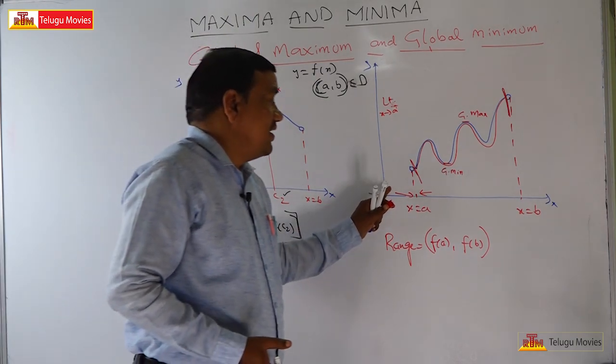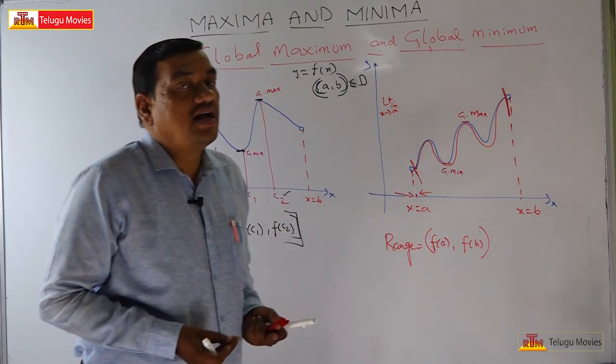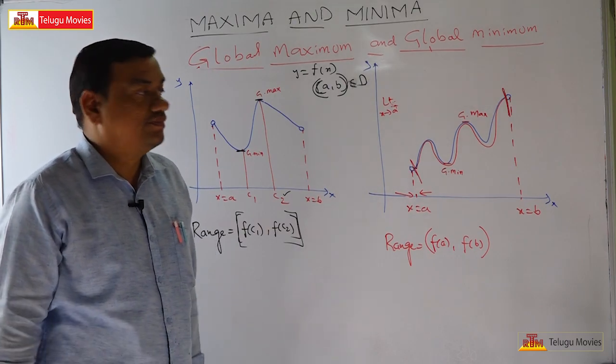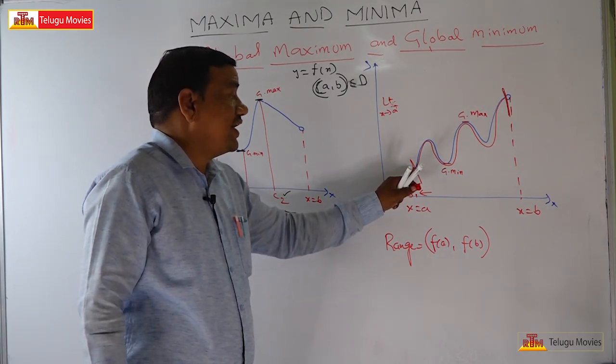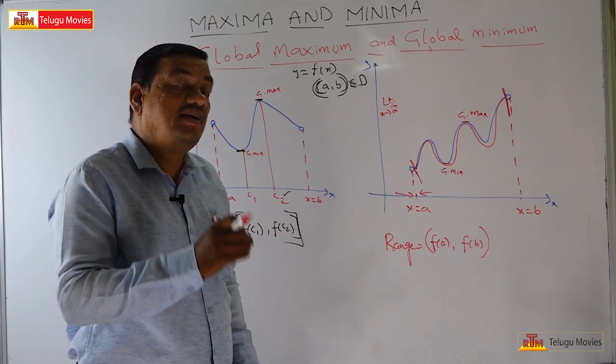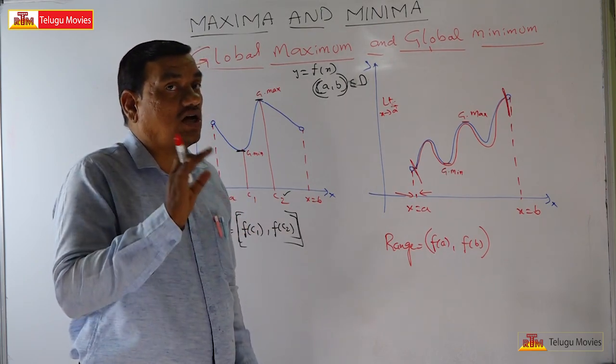Why? Because from the left hand side we are unable to define that function. So at that point we cannot say clearly whether the function is continuous or not.